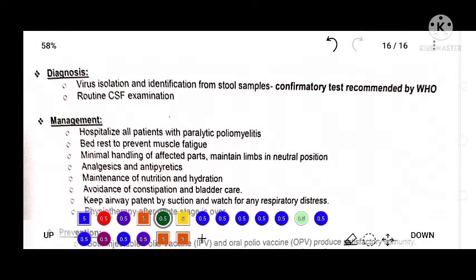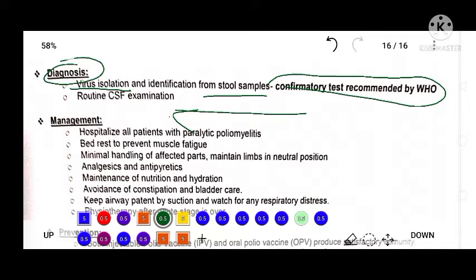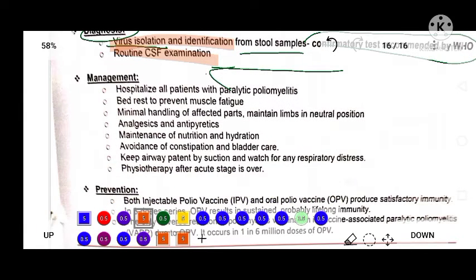So, the diagnosis for polio is virus isolation, then stool sampling should be done, and the confirmatory test is CSF routine examination. Virus isolation is the confirmatory test, then CSF examination will show increased protein in the CSF.